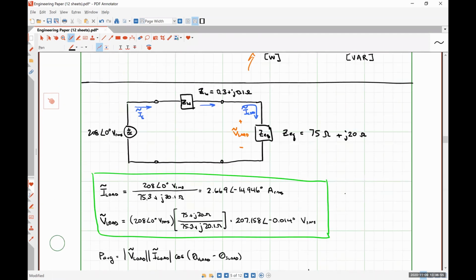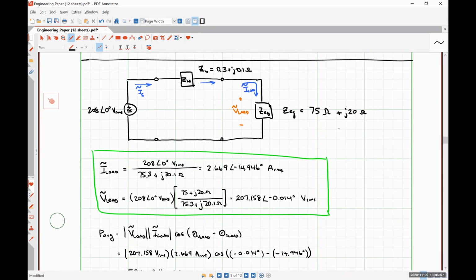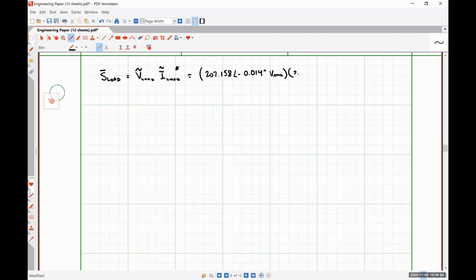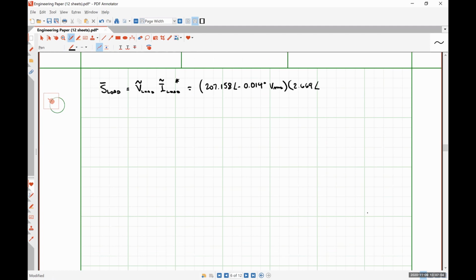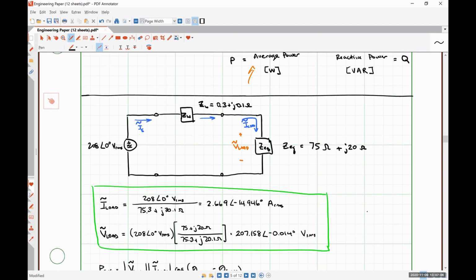And then I'm going to have the conjugate of my current, 2.669, and the angle here is negative 14.946. So what do I do when I take the conjugate operation there? I'm conjugating this. Who remembers how to take the complex conjugate of a polar form number?